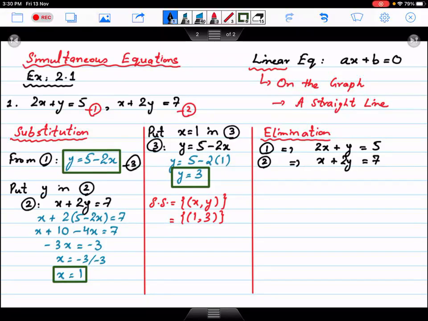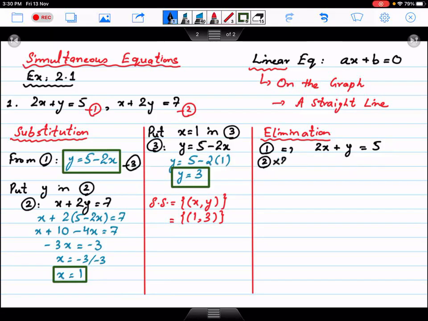So let's say I want to eliminate x. Then x should have the same coefficient in both the equations. When we take a look at equation number 1, the coefficient of x is 2. But when we take a look at equation 2, there is no coefficient written, that means the coefficient is 1. So we have to make the coefficients same. How can we do that?